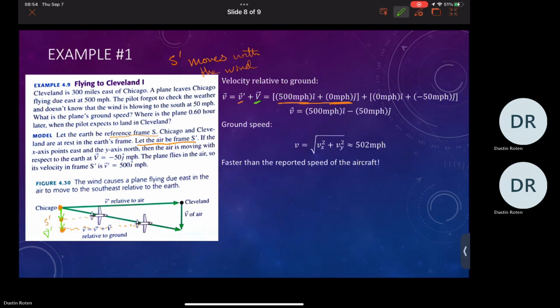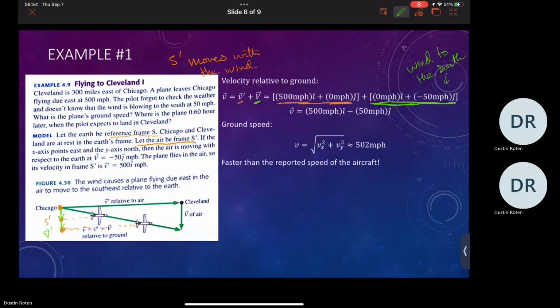That's taken care of right here. So we have no wind in the east-west direction. It's all in the south. So wind to the south. And that's just the negative 50 miles per hour in the j-hat direction.